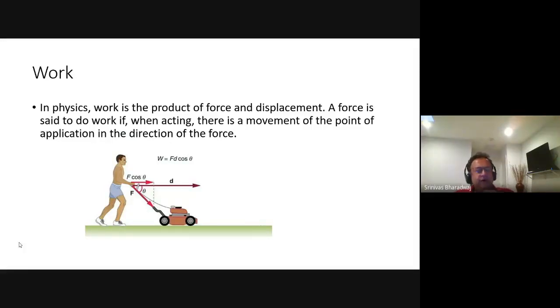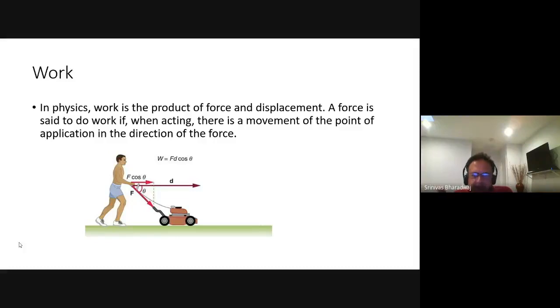Now if I apply a force, I am going to use my hand to push it for a certain distance. So I am applying a force over a distance. F times d, the distance over which I apply this force, will give me the work done.